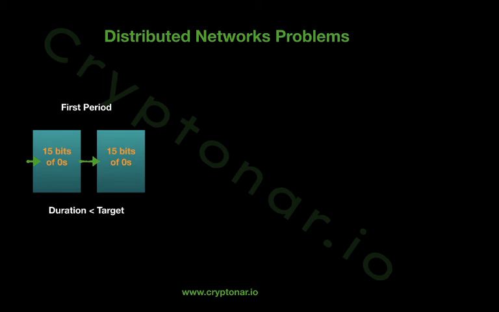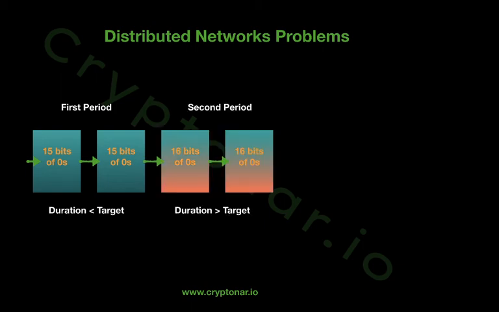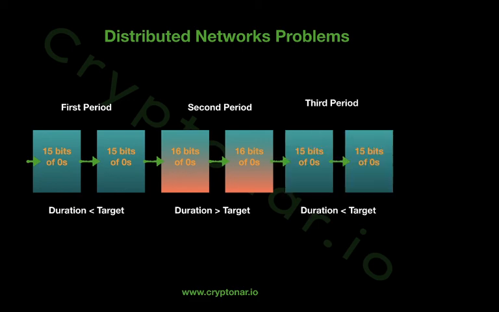If we see that with this we produce too many blocks, so on average maybe a block is produced every 7 minutes instead of 10, what we do in the next period is increase the difficulty to 16 bits. So we add another zero, so we make it less probable that people find the solution. This way we make the problem more difficult, and we manage the issuance of Bitcoin. And if we see that after a while this is too difficult, then we lower it down again.